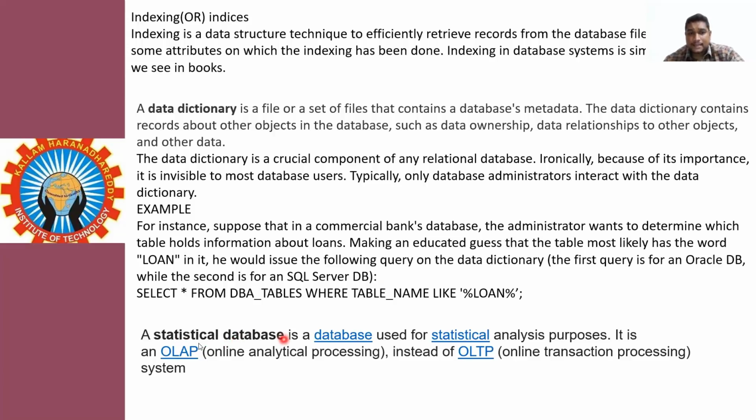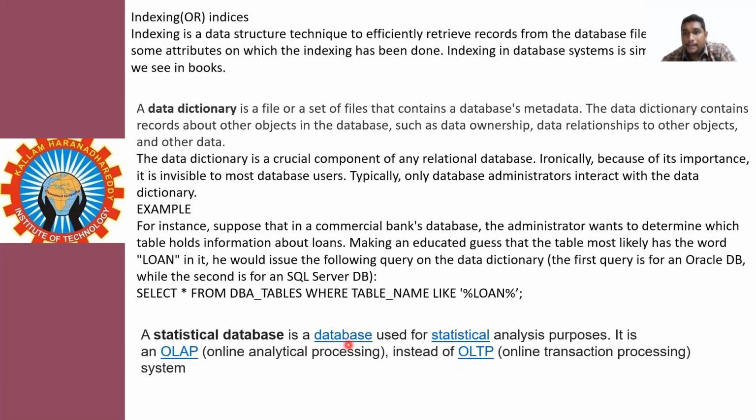And the last one is the statistical database, which is used for statistical analysis purposes. So it is called OLAP instead of OLTP. In third year, next semester, there is a subject called data warehousing. In 4.1 there is a subject called big data. So this is an interlink of DBMS, database, data warehouse, followed by Hadoop or big data, followed by machine learning. Our database is OLTP, that is online transaction processing, where we discuss daily transactions.